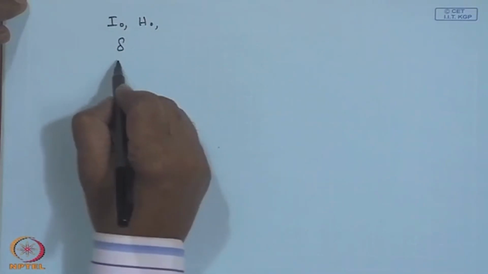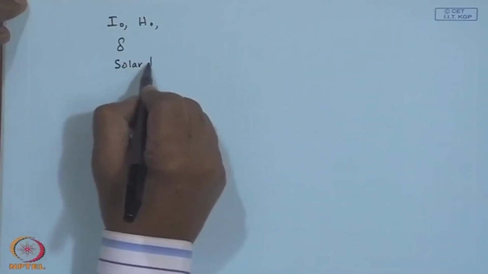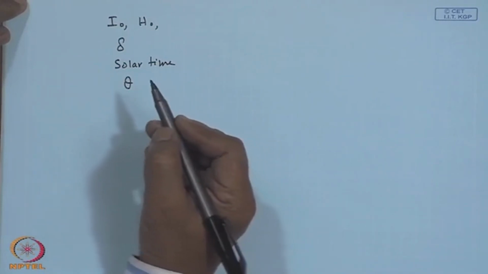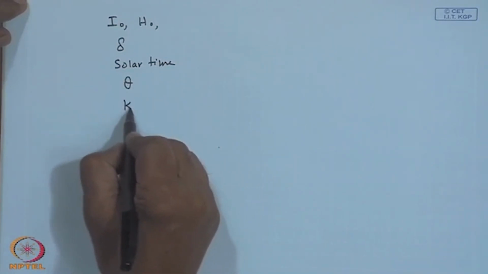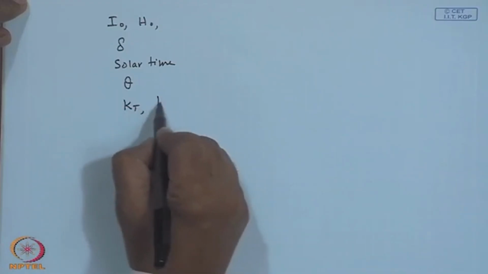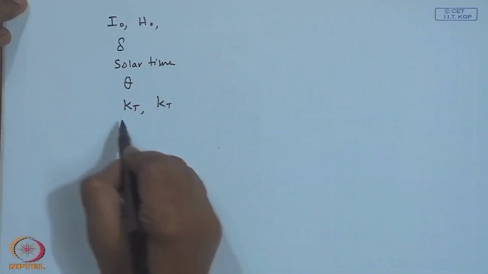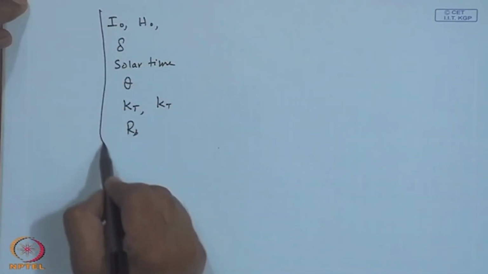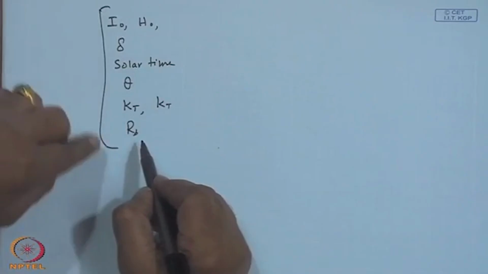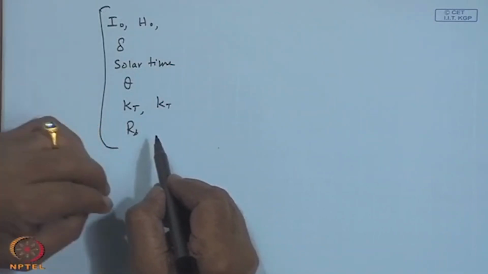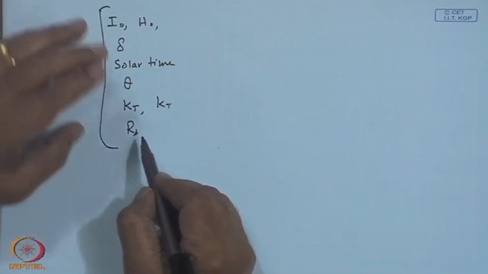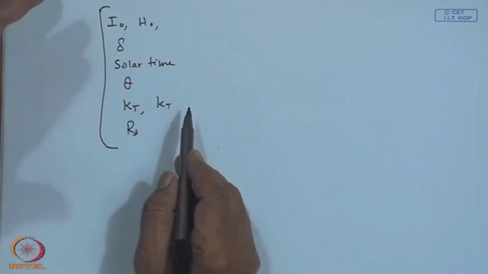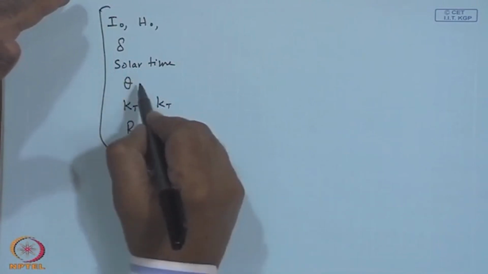Okay. So, from these exercises what we learnt is calculation of extraterrestrial I0 or H0 or the declination for a given day and solar time, and the angles of incidence for different orientations and clearness index on a daily basis or an hourly basis, and then the RB factors. We found a pattern that in general, if you appropriately orient your collector, RB will be high in winter, and of course, clearness index has something to do with the solar radiation as received.